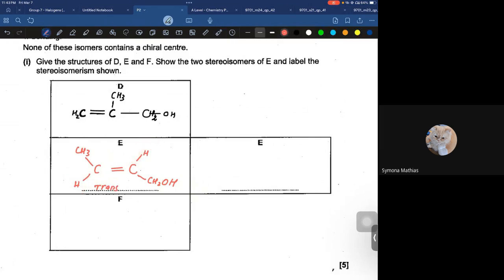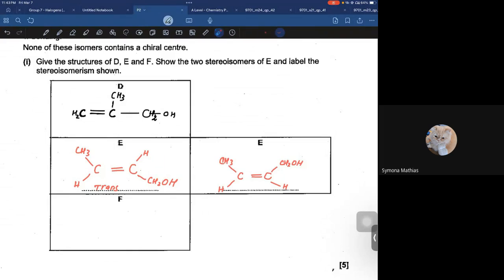Opposite sides. I'm going to draw the cis isomer for this. Cis isomer is very easy. You are just supposed to do the same thing. I just twisted it from here.